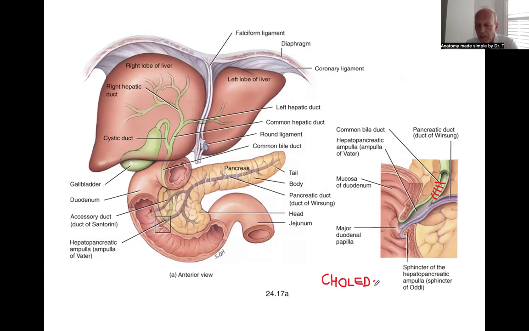Let me just complete choledochus. So you have the name of the second sphincter in the area. Okay, that is the main pancreatic duct, and that is the area that we have observed together. That's where bile and most of the pancreatic juices reach the duodenal lumen.